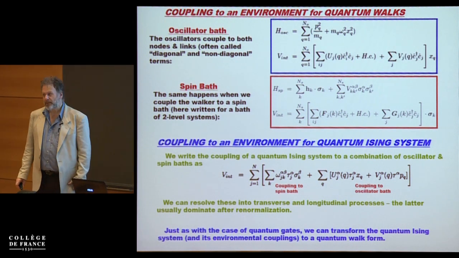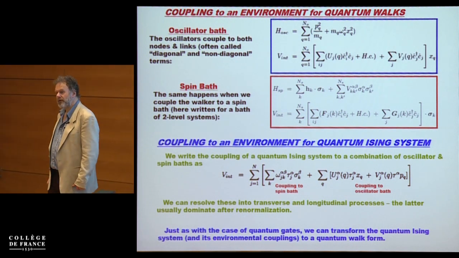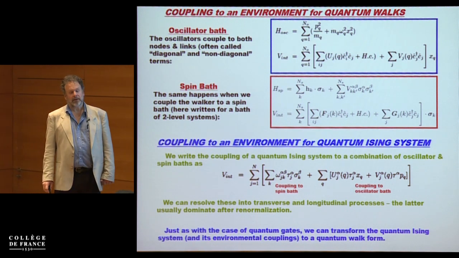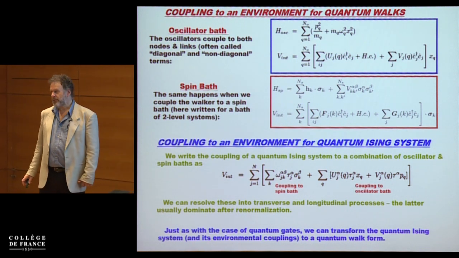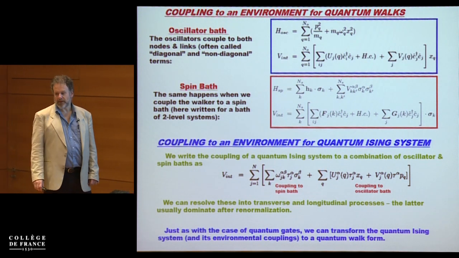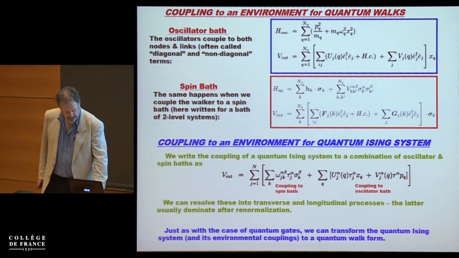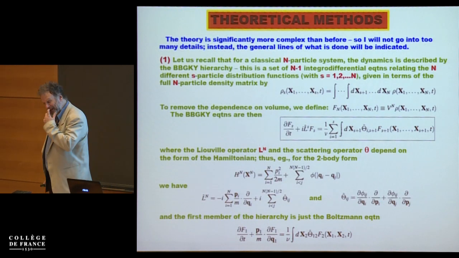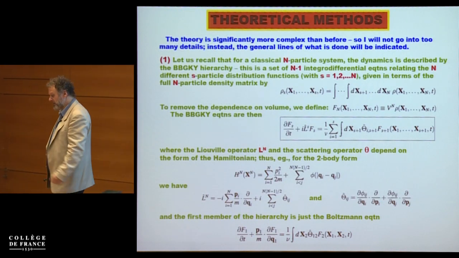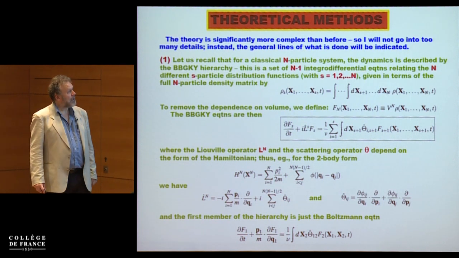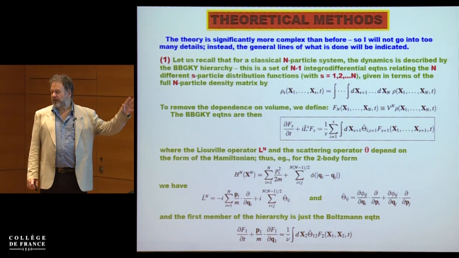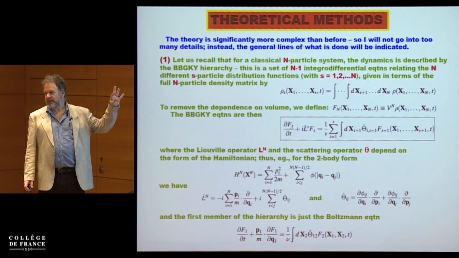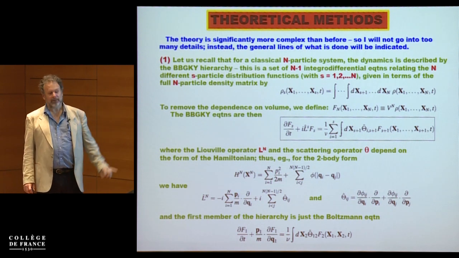And last time I discussed the behavior of a single qubit coupled to either a spin bath or an oscillator bath, and we saw that it could be very surprising depending on what particular model we had. So of course, now we want to look at the more general lattice. Now, this is part of the section that I'm saying that this is for people to read if they want to. Perhaps they don't.